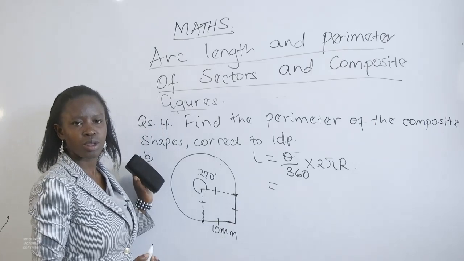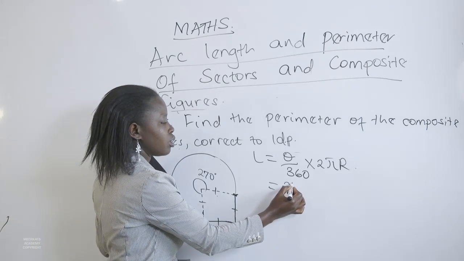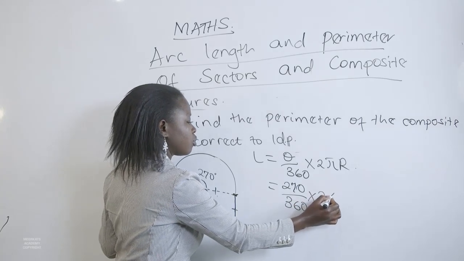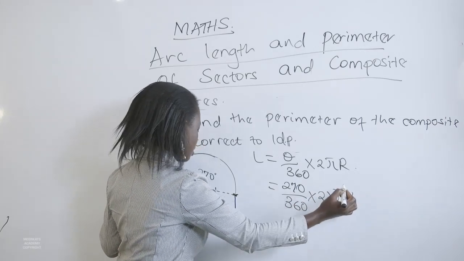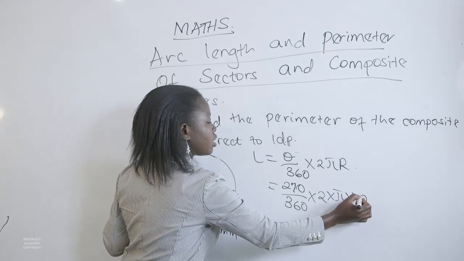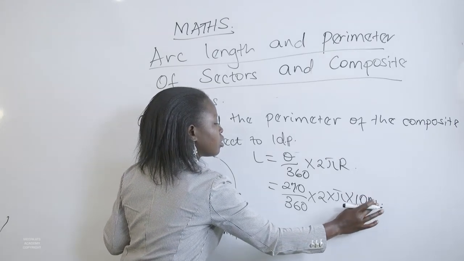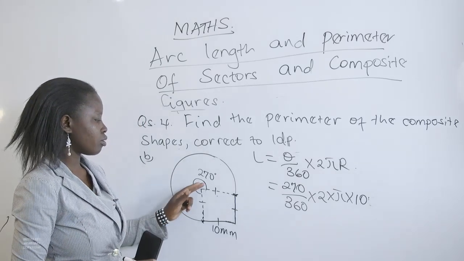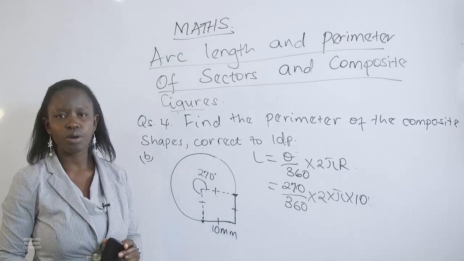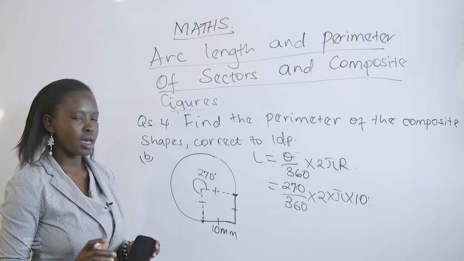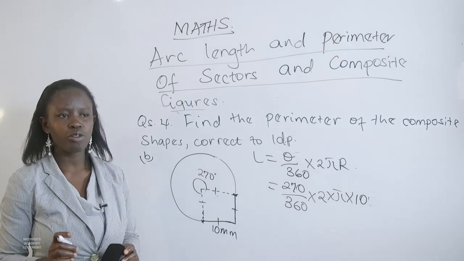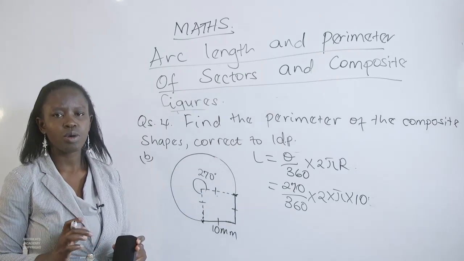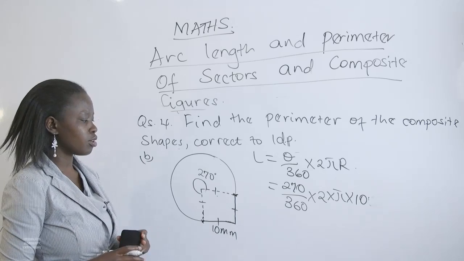So that means we are having 270 over 360 times 2 times pi times 10 millimeters. This will give us the length of that given arc. But what we are looking for is the perimeter of the figure. So how do we get the perimeter of this given figure?